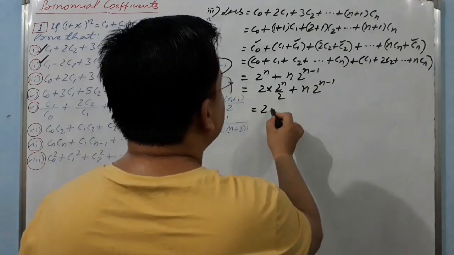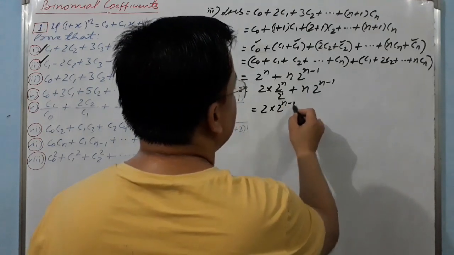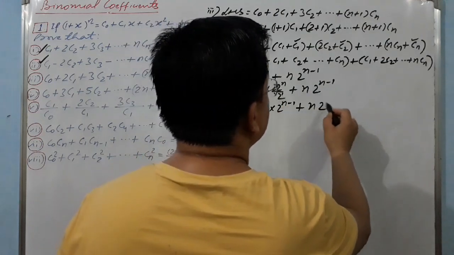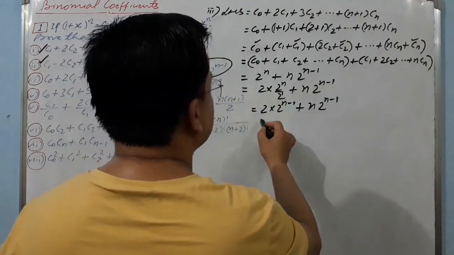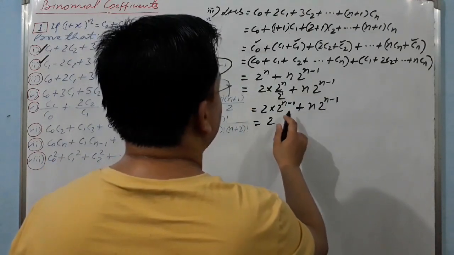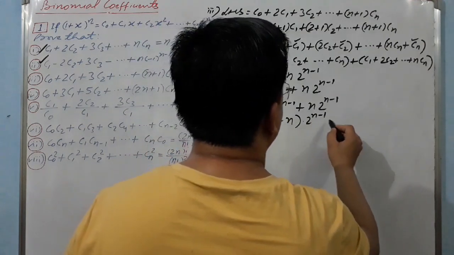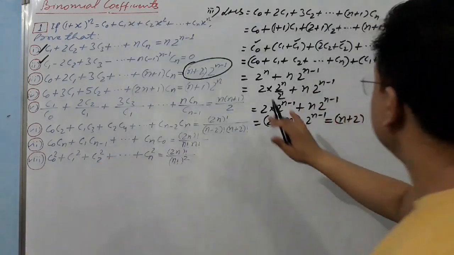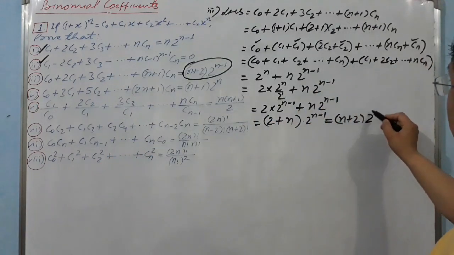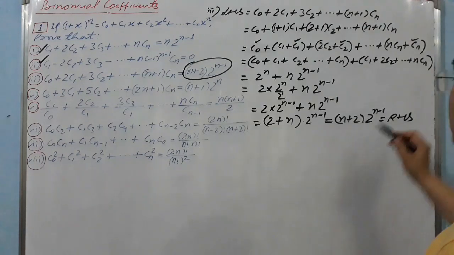This is equal to 2 into 2 raised to power n minus 1 plus n 2 raised to power n minus 1. So 2 raised to power n minus 1 is common, giving 2 plus n into 2 raised to power n minus 1, which is equal to n plus 2 into 2 raised to power n minus 1, equal to the right hand side.